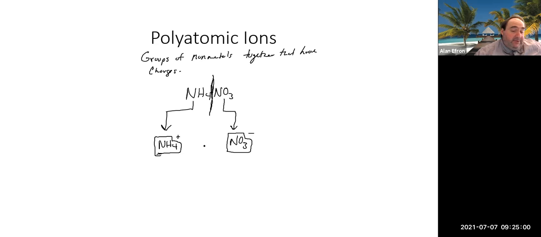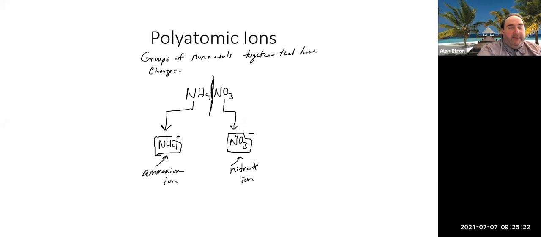Now, these actually do have separate names. This one is known as the ammonium ion. This one is known as the nitrate ion. They have special names and special charges that go with them.